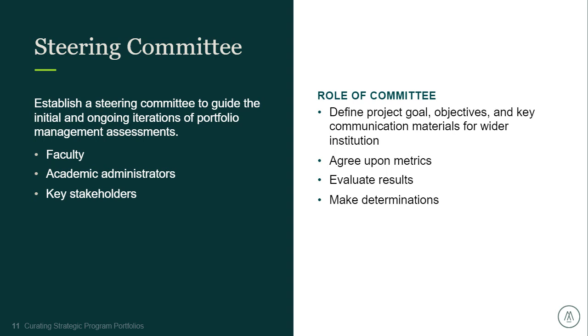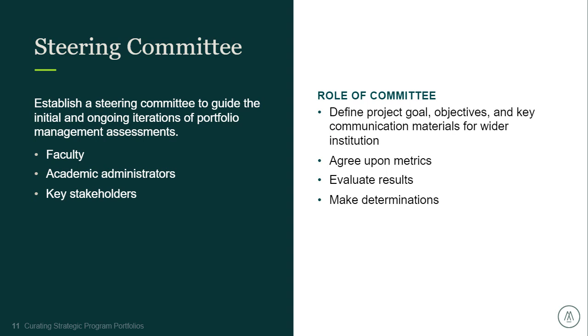They evaluate the results for each program, and they develop recommendations around the strengths and weaknesses of academic programs based on their results. They might help oversee that data collection and analysis process, and then they're making recommendations about program enhancements, modifications, consolidations, or discontinuations.